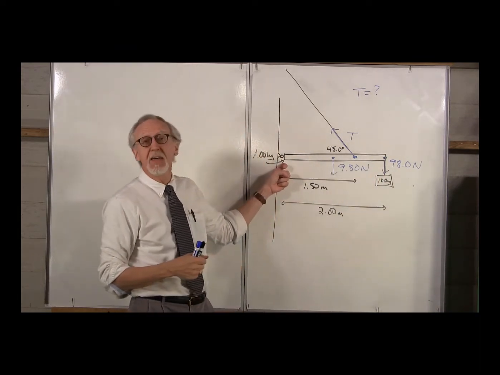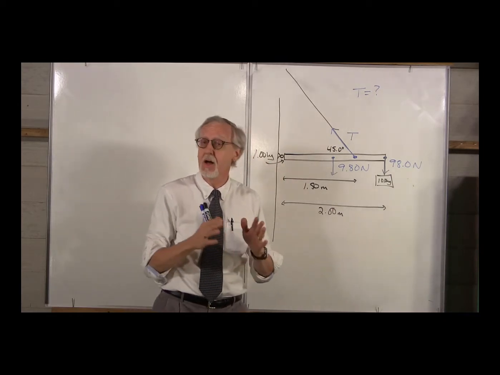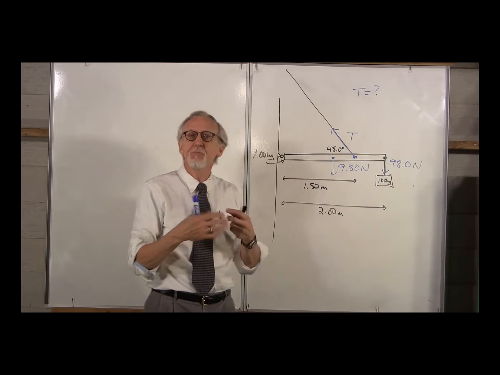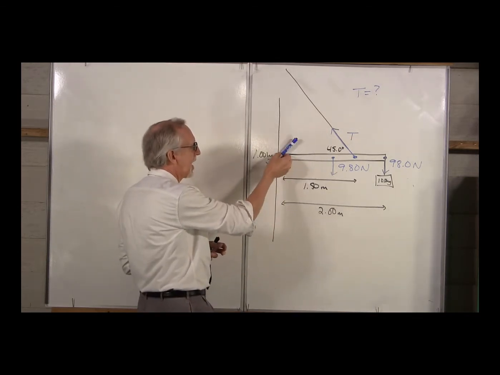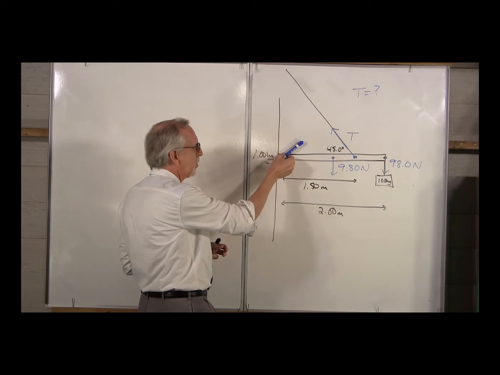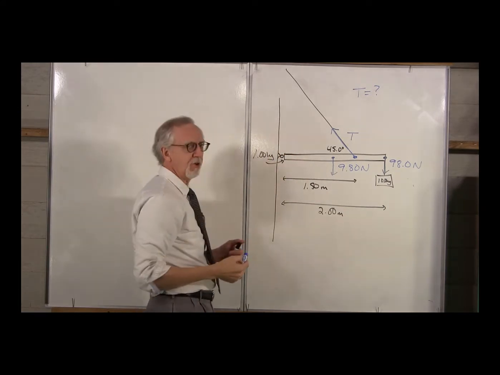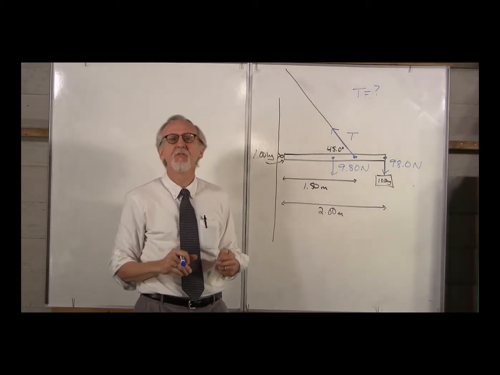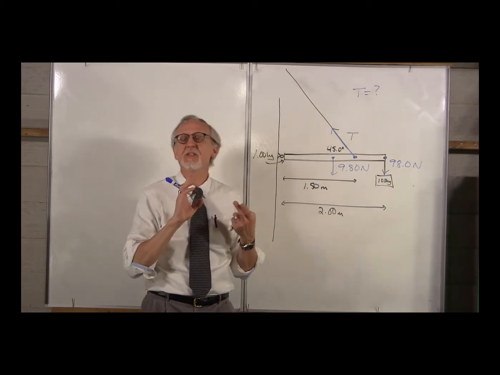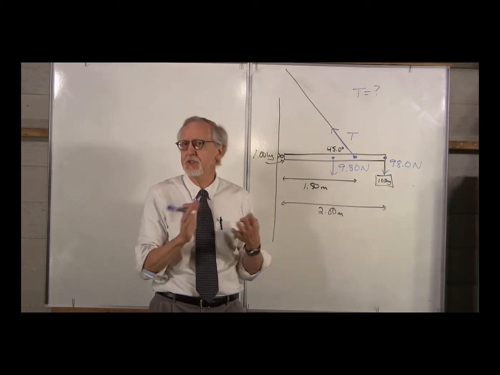Well, the hinge must be exerting a force on the pole. The hinge is pushing it in some direction. We don't know. How is the hinge pushing on the pole? Is it pushing this way or that way or this way? We don't know. Rather than putting in a magnitude and direction for the hinge force, let's just immediately break it down into x and y components. That'll just make it easier for us.